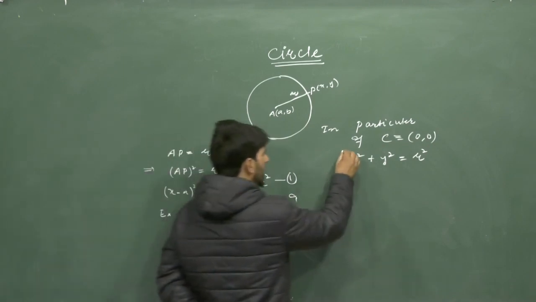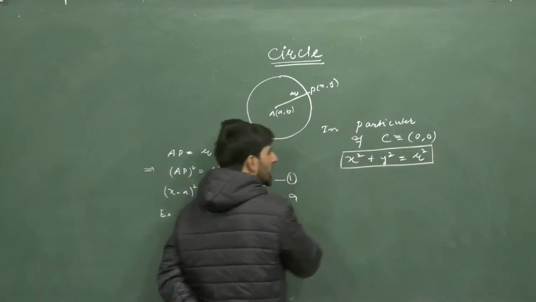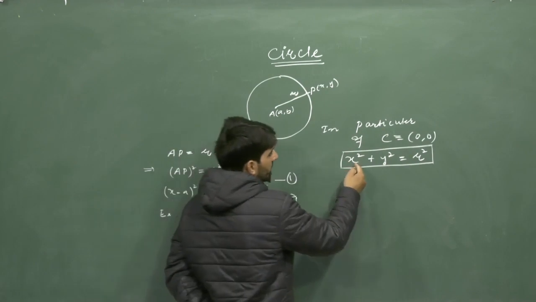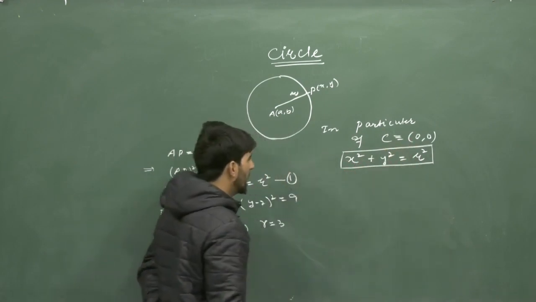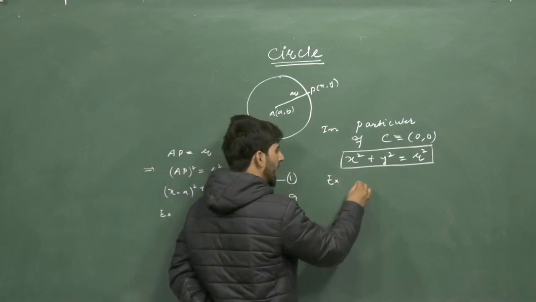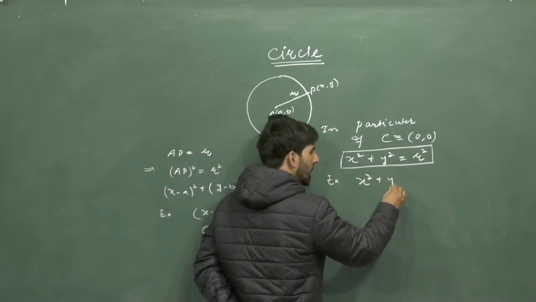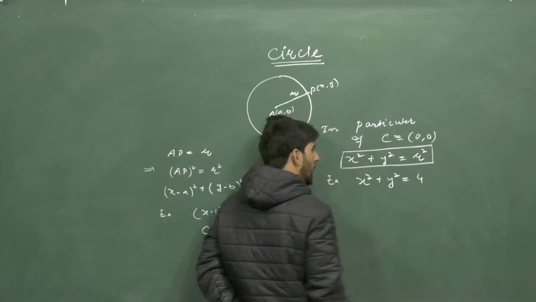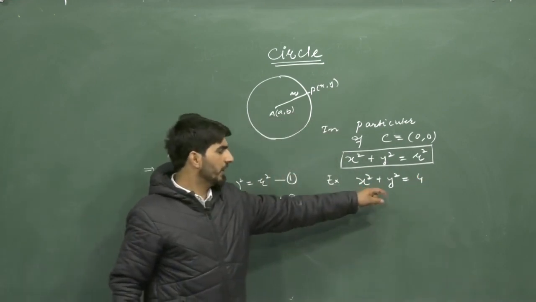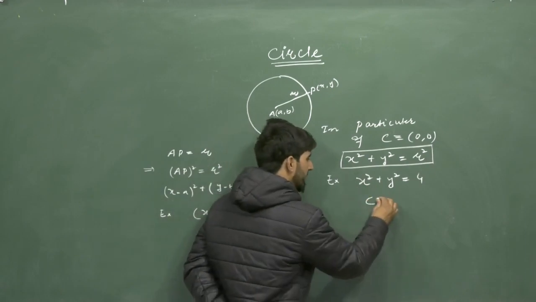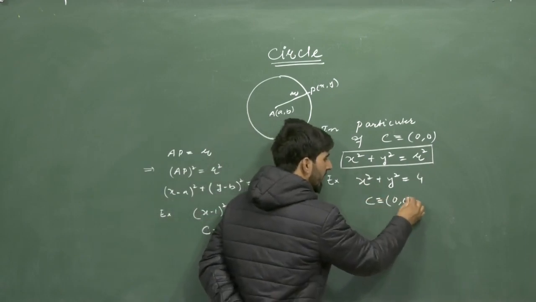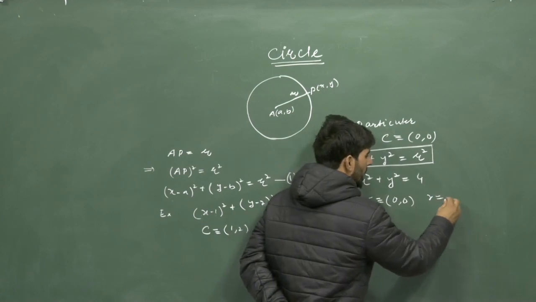So this is also the equation of circle with center at origin and radius r. For example, if we have an equation x square plus y square is equal to 4, this is the equation of circle with center at origin and radius 2.